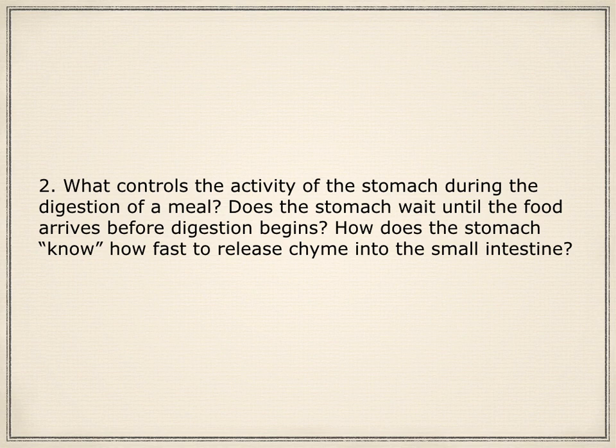So the stomach doesn't have to wait until the meal begins before it starts digestion. That's why your stomach rumbles at lunchtime. Nerves are getting it ready, that's the nervous system acting, and then later on, the stomach and small intestine produce their own hormones.